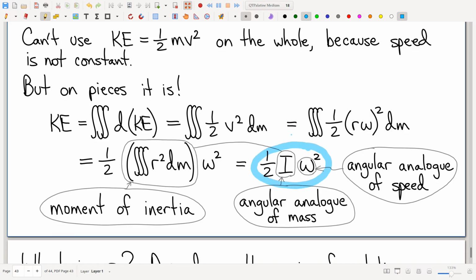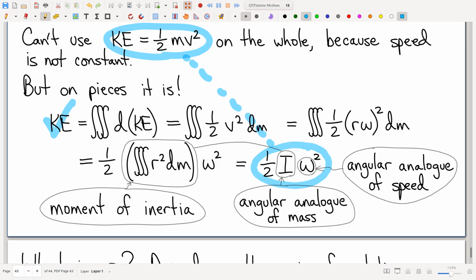But here's what I think is interesting and worth talking about, and that is if you look at this final formula, keep in mind we're computing kinetic energy here. If you compare that final formula with this old formula, the linear formula for kinetic energy, you can notice a couple of things. First of all, it looks very similar structurally. It's 1/2 times something times a speed squared in both cases.